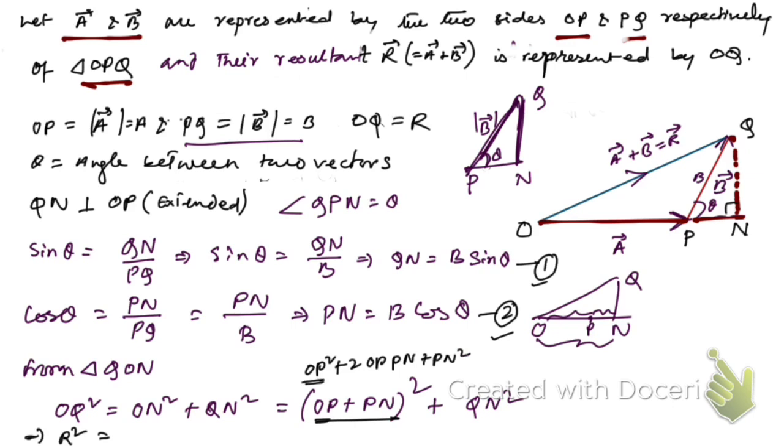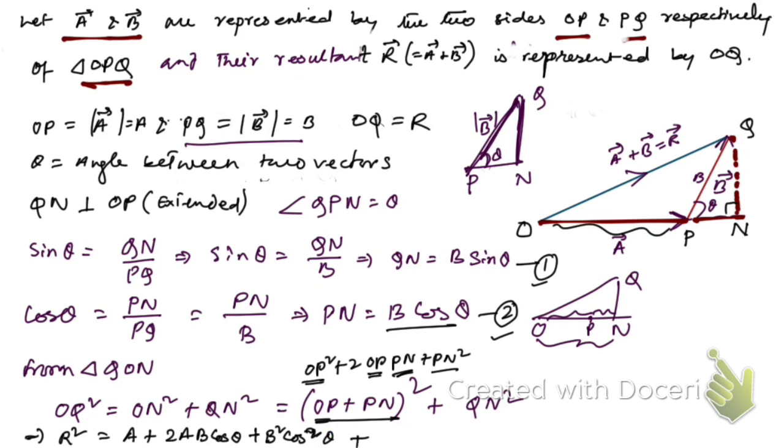OP is nothing but the magnitude of A, plus 2A, then PN can be replaced by B cos theta, right? Then PN square, so we get B square cos square theta.